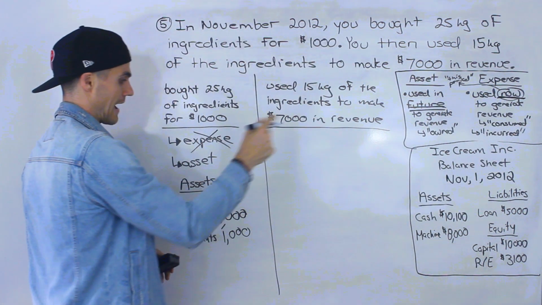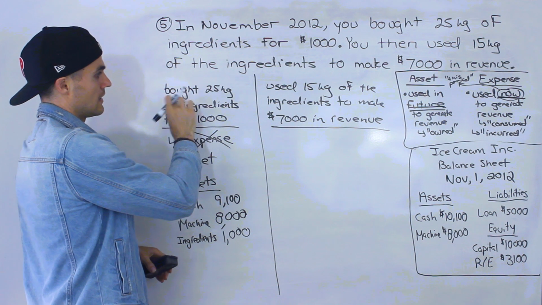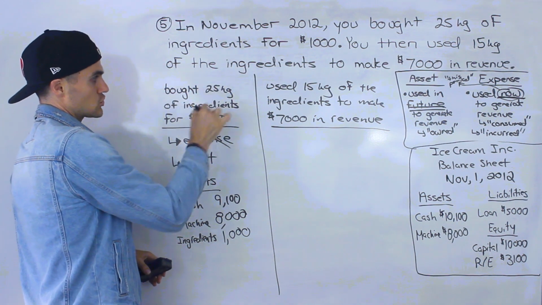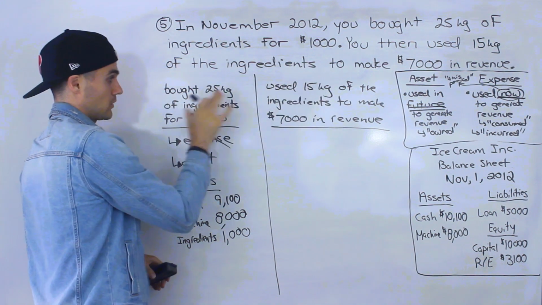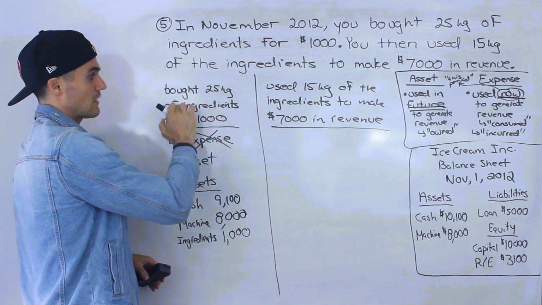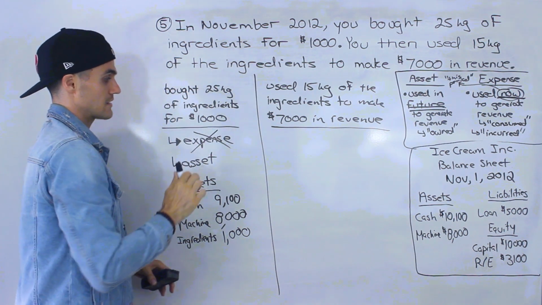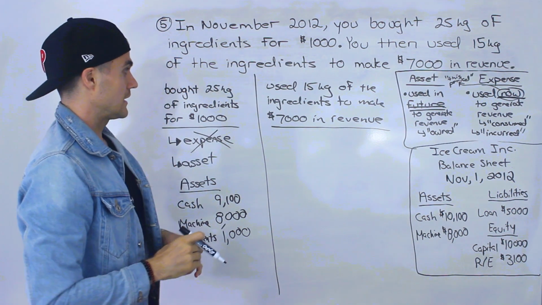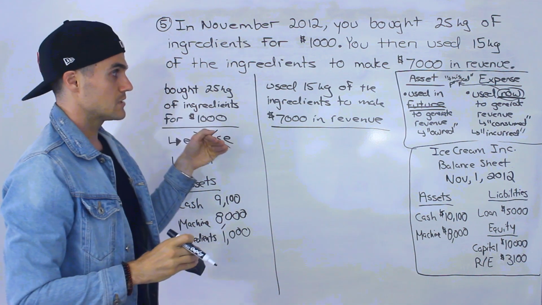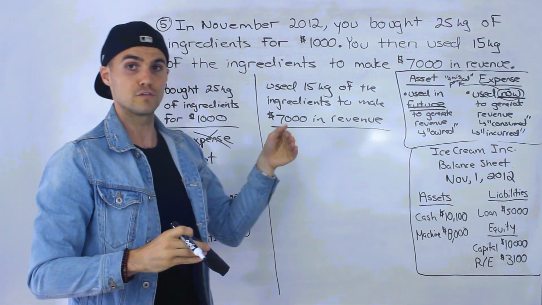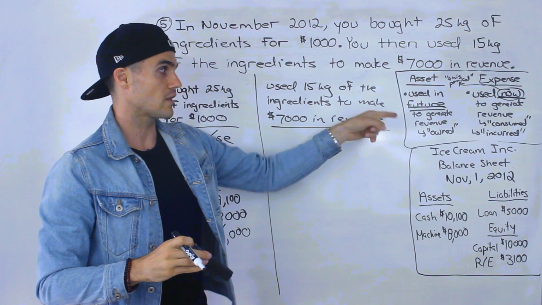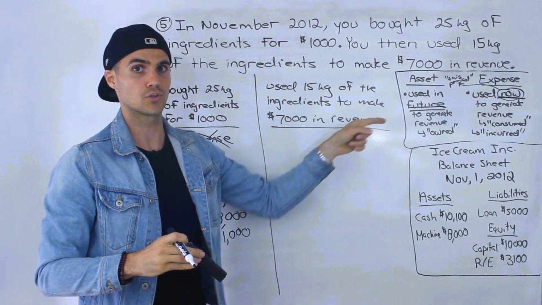So taking that, relating it back to this, notice that in this transaction, let's ignore this second one. If we're just looking at this, we buy 25 kilograms of ingredients for $1,000. Now, are those ingredients going to be used in the future to generate revenue, or are they being used now to generate revenue?